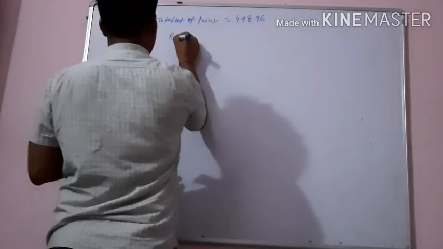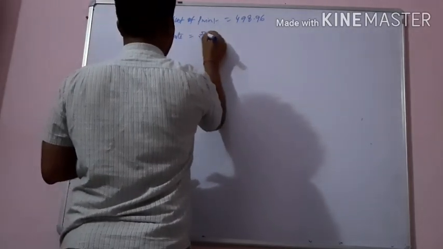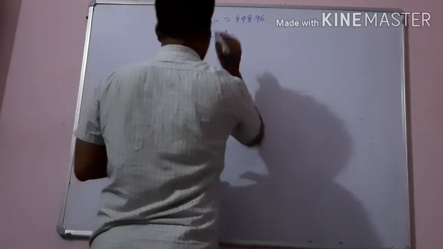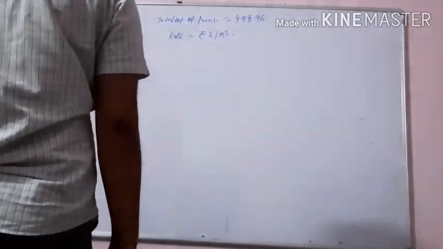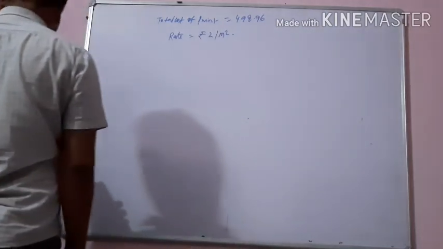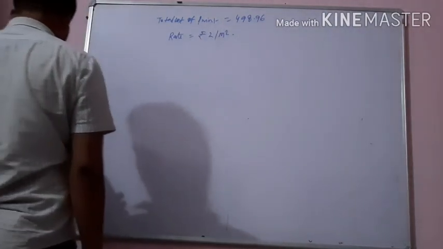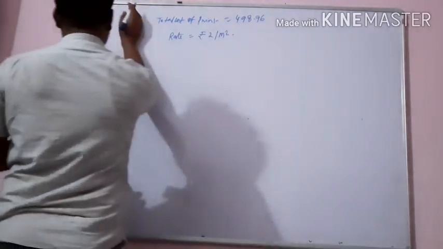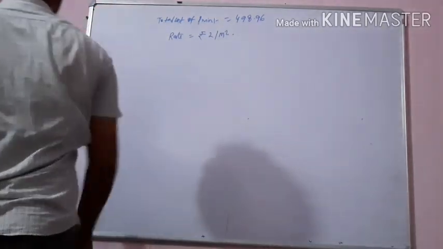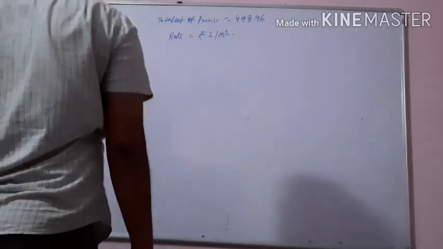The rate is given. Find the inner surface area of the dome and the volume of air. So here we have to find the CSA of the hemisphere and the volume of the hemisphere.